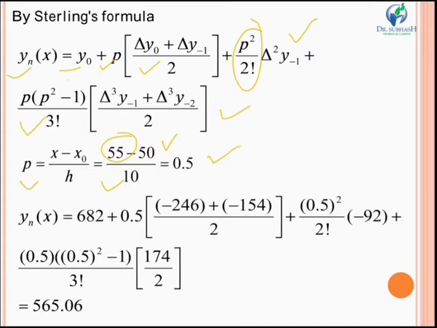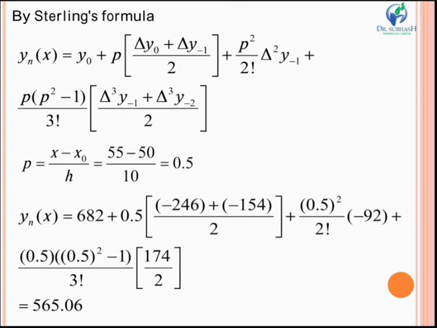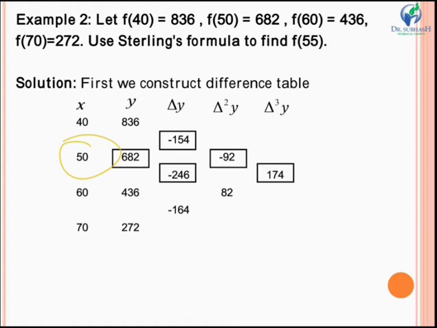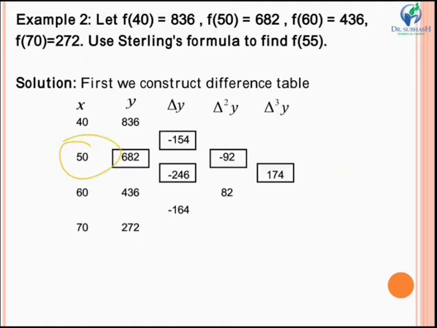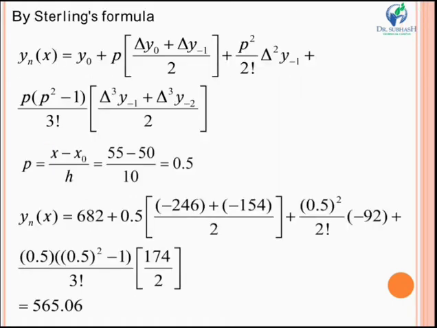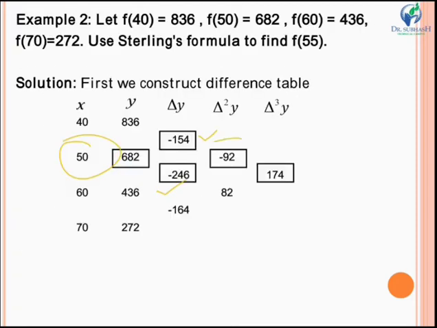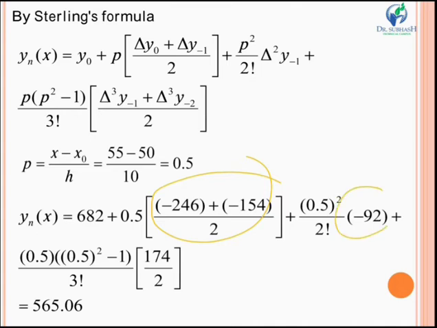Simplifying this, we get p equal to 0.5. Now I will put all these values in the above Stirling's formula. So y0 is here 682, so I am putting here 682. Again I am putting the value of p over here, right? And next I will take the average, minus 154 minus 246 by 2, right? Again a single term is minus 92, so here I am taking minus 92.